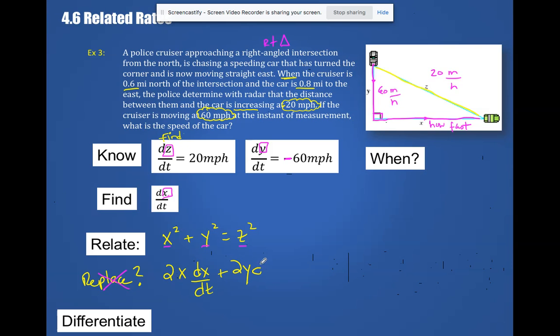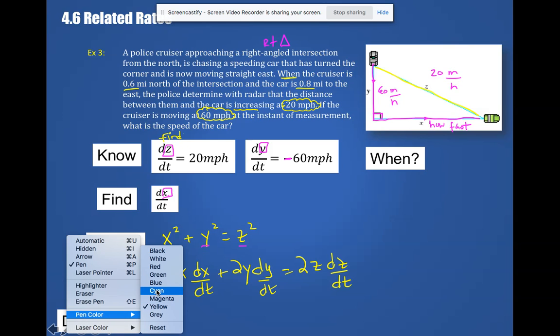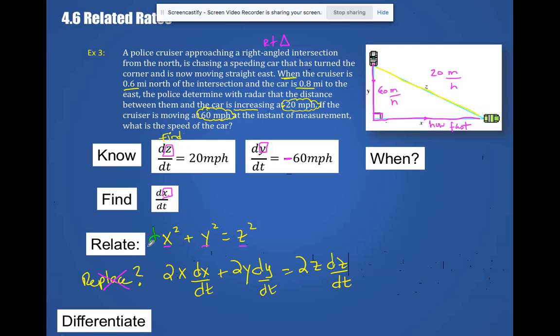Do the same thing. Right? Took the derivative of this side with respect to t, and the derivative of a sum is just the sum of the derivatives, and took the derivative of this side with respect to t.